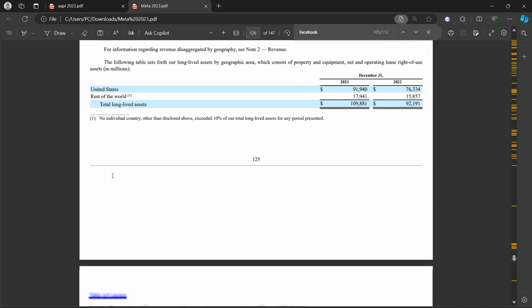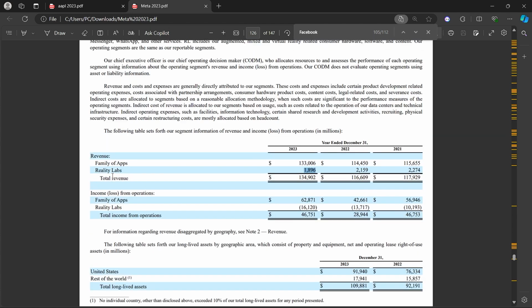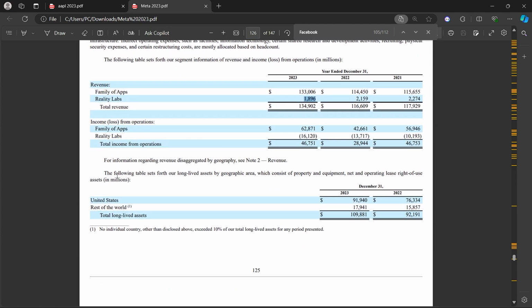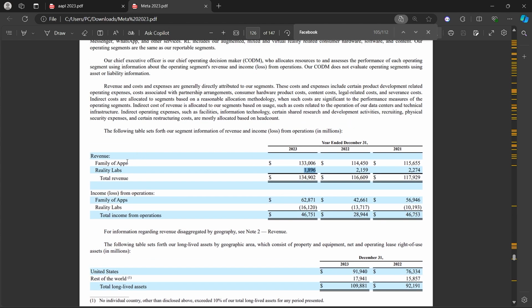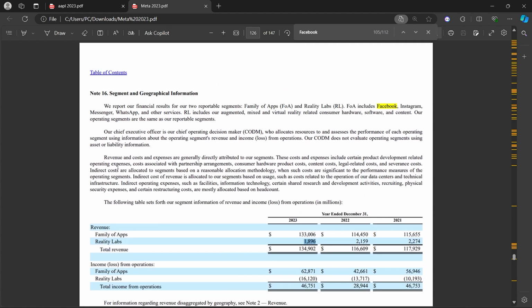So you can see why investors really like looking at the annual reports because it goes into detail on which part or which side of the business is actually failing, which side of the business is actually doing good. And that's why investors really like to monitor this.